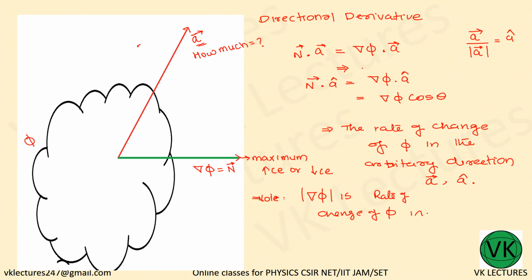Magnitude of del phi is the rate of change of the function in the del phi direction, right? So del phi direction is in this way, and in this way the magnitude is the del phi magnitude, and the n cap direction. Okay, so del phi magnitude will be maximum in this direction, and it will be a function of the cos of this angle theta in any other direction.